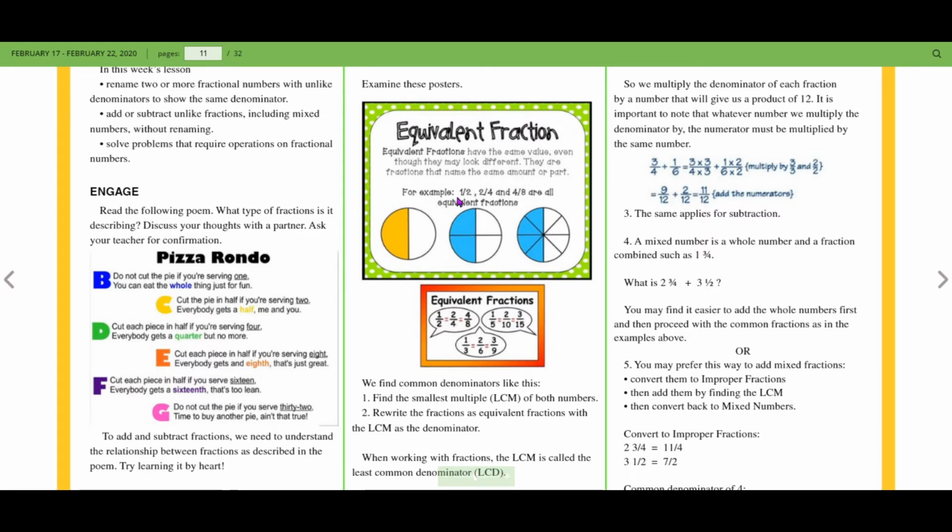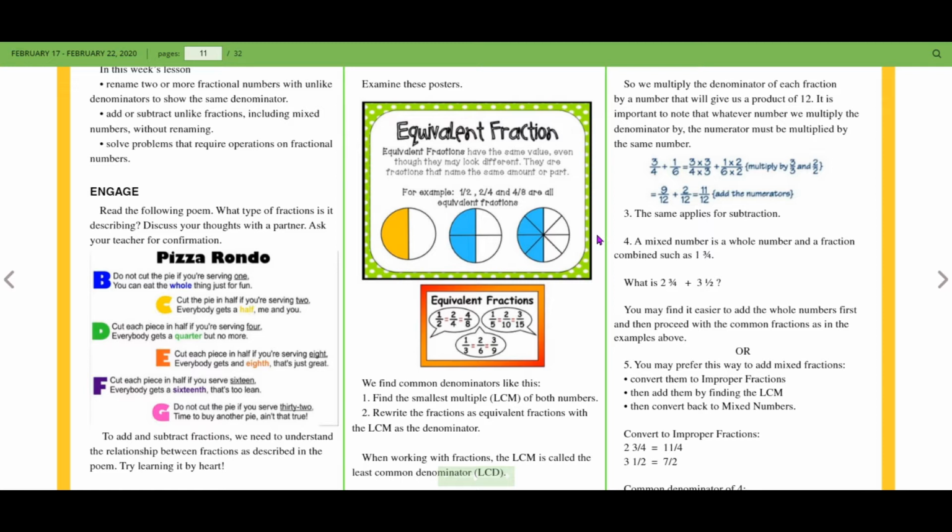So for example, a half, 2/4, and 4/8 are all equivalent fractions. I like to describe it this way: same value, different name. Kind of like how we would call somebody by a nickname. We may say Pinky, but you're really calling Pat.